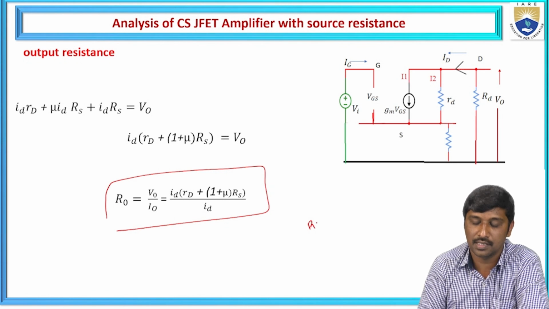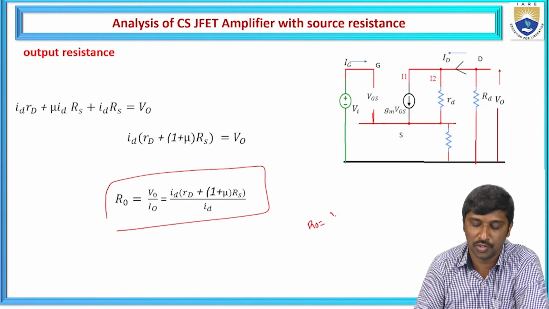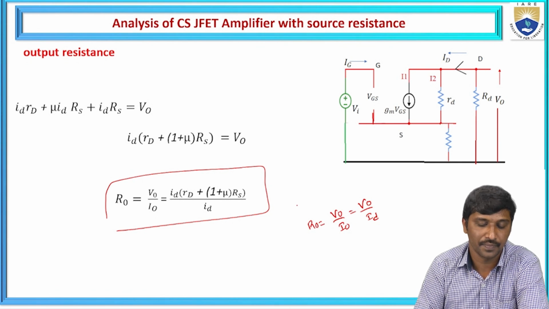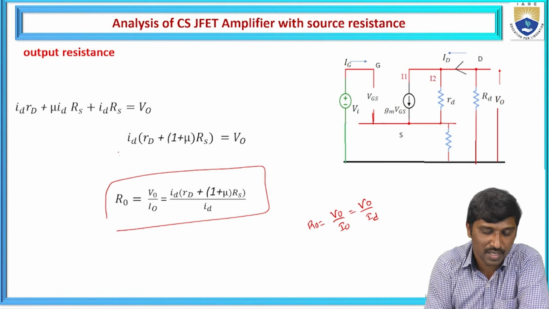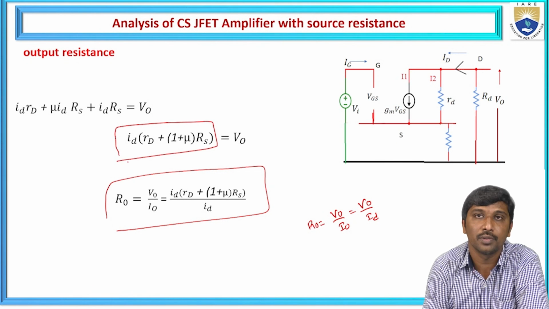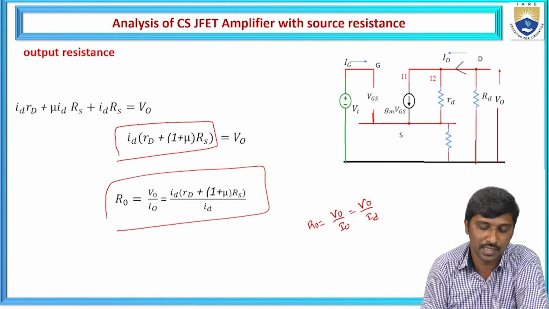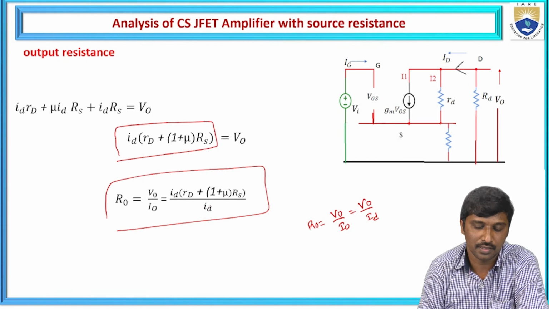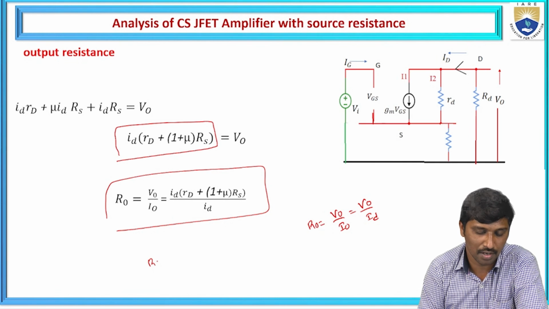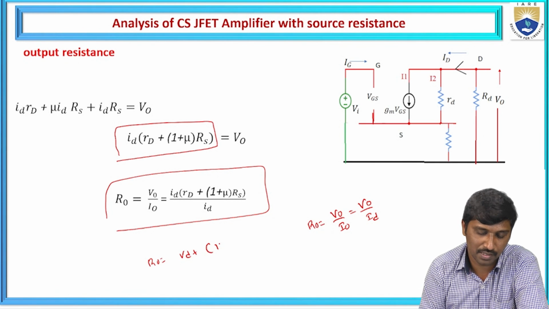What is the output impedance? R naught is defined as the ratio of output voltage to output current, also represented as V naught by ID. We observed that V naught is equal to ID into small rd plus 1 plus mu times RS, divided by ID. Hence this ID gets canceled. R naught becomes small rd plus 1 plus mu times RS.